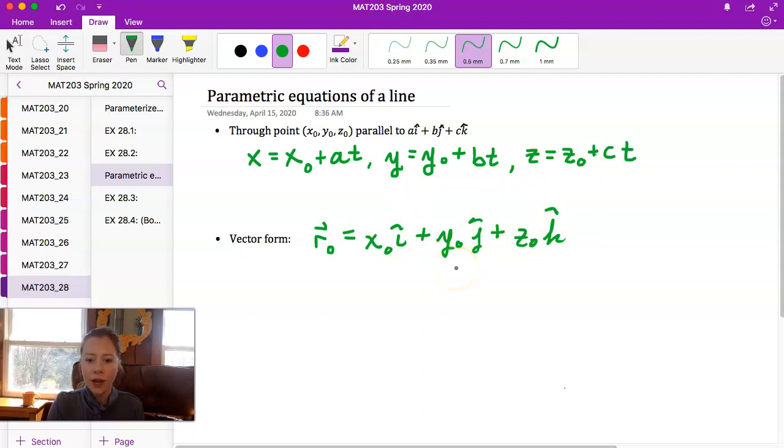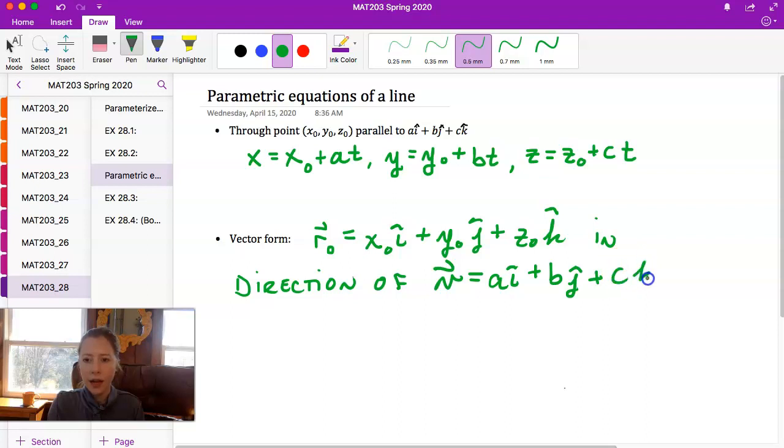And if this went in the direction of vector v equal to a i hat plus b j hat plus c k hat, this would have the parametric equation.